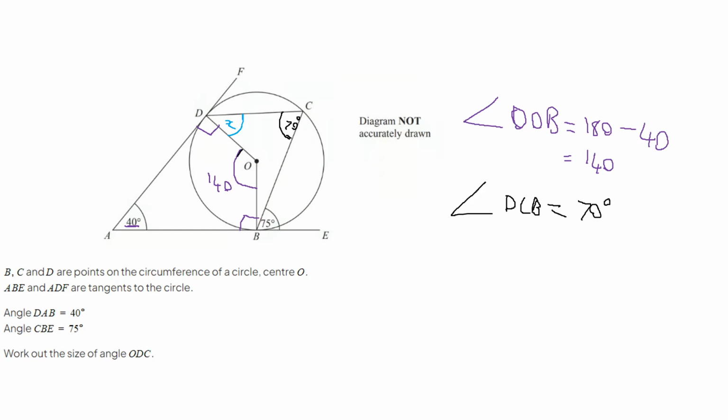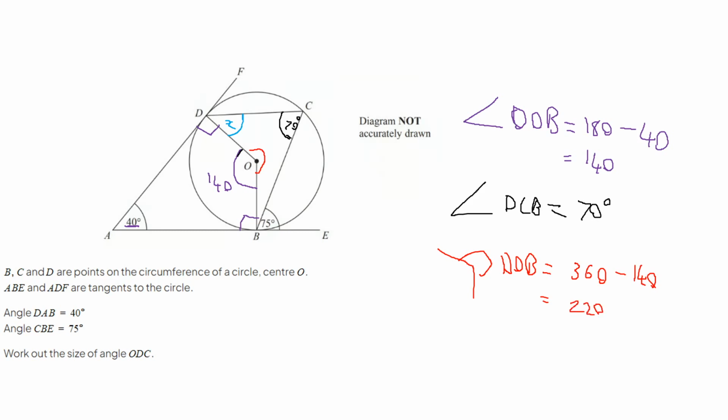Okay, we can also work out that this angle here, DOB, is just going to be 360 minus 140. Okay? And that's just going to be 220.